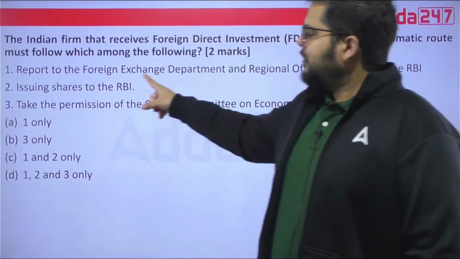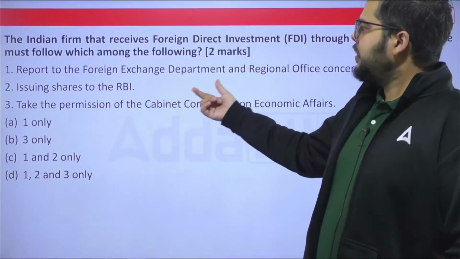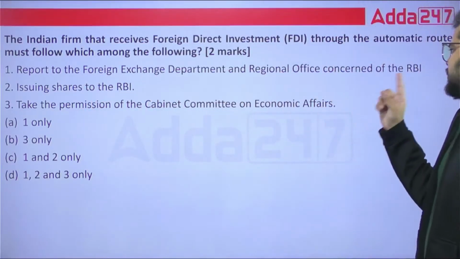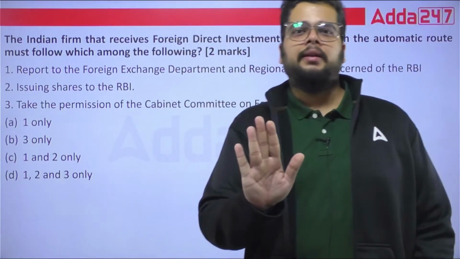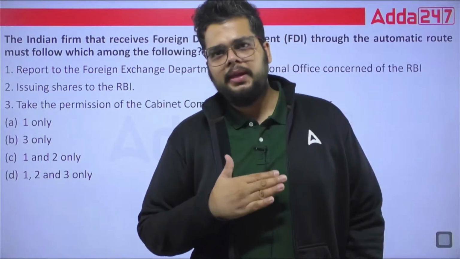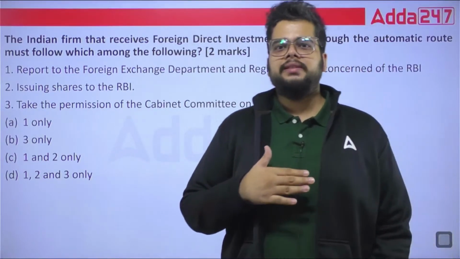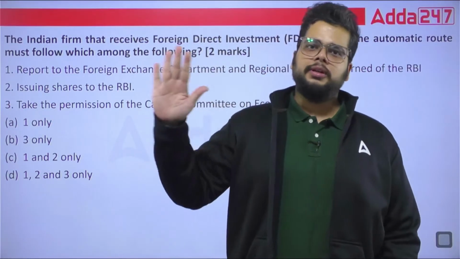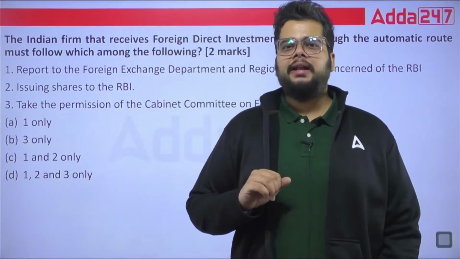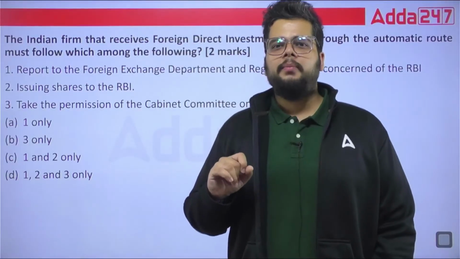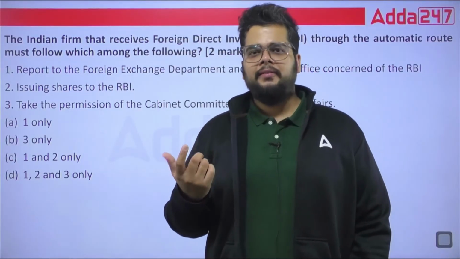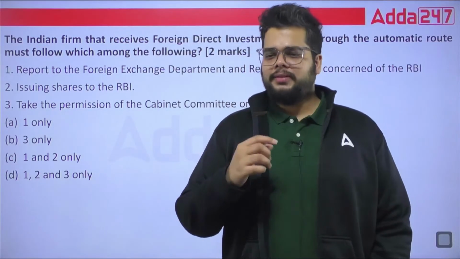The first statement says: report to the Foreign Exchange Department and Regional Office concerned of the RBI. So you are providing just the information. Let's suppose I am a party residing in India, functional in Gujarat, and a foreign investor, let's suppose from USA, is trying to invest.